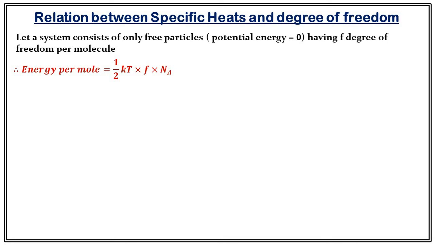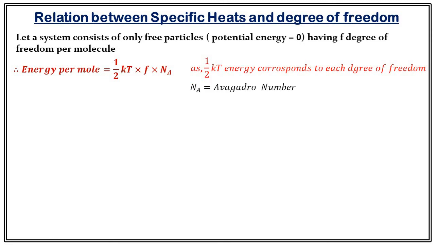Na is the Avogadro number, the number of molecules in 1 mole. Therefore, energy per mole is given by half kT into F into Na. Now we know Boltzmann's constant times Na is R. Therefore, we can write energy E equals half FRT.